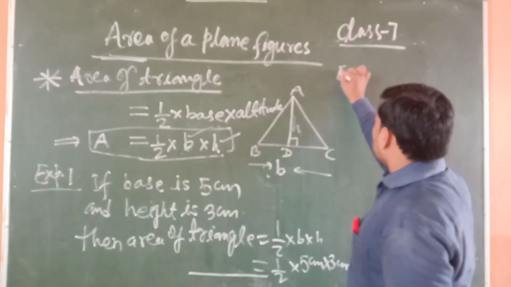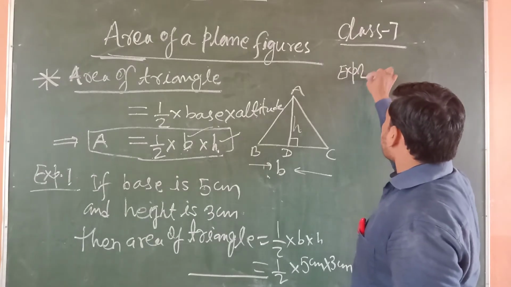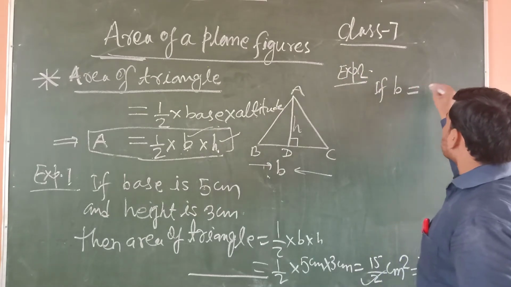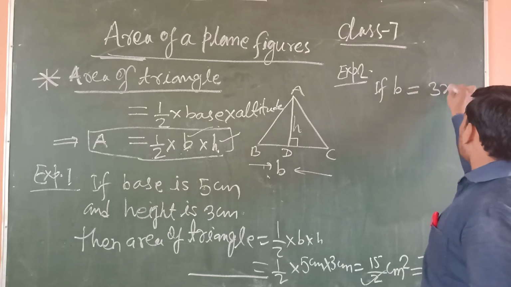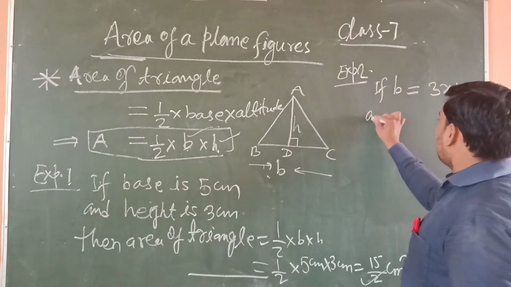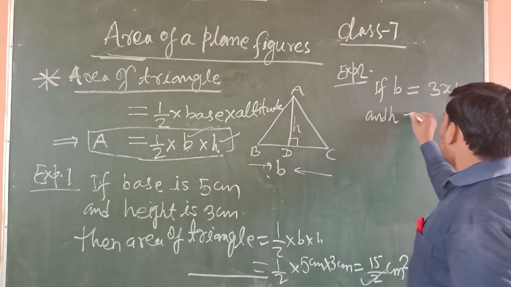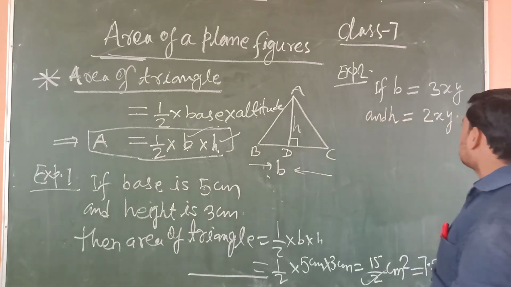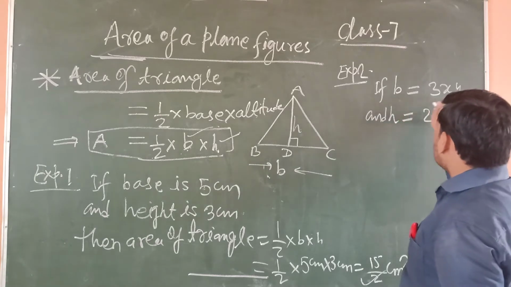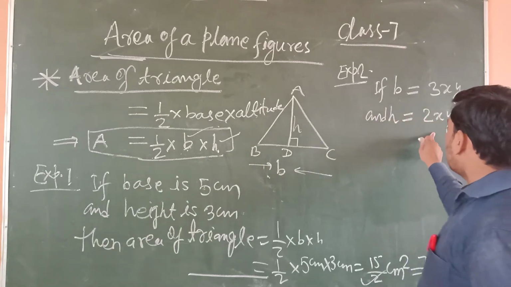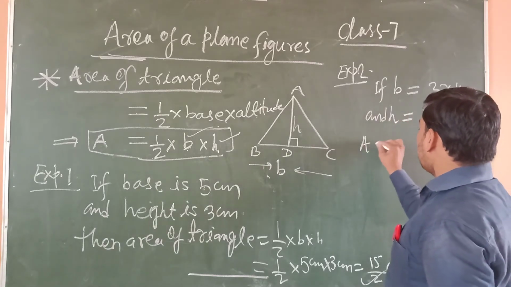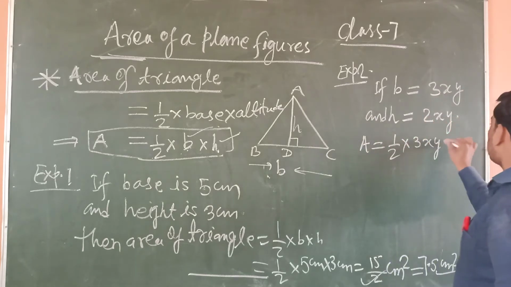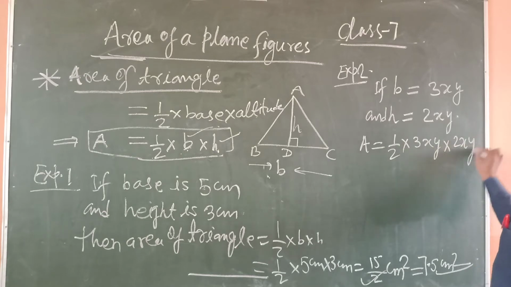One more example. If base is equal to 3xy and height is equal to 2xy, then area of triangle is 1/2 into 3xy into 2xy.